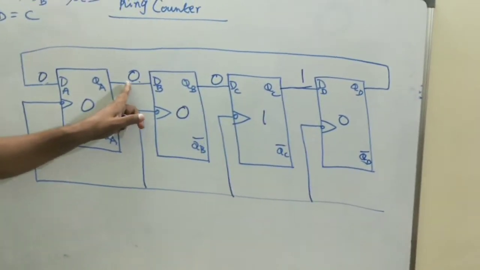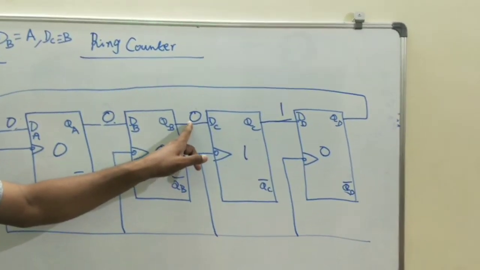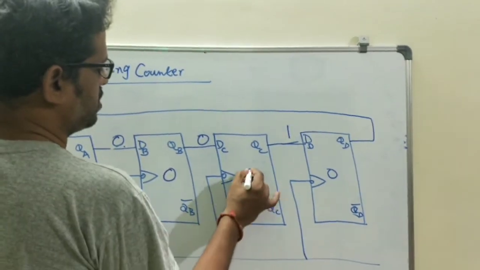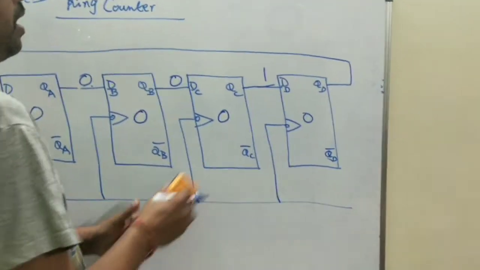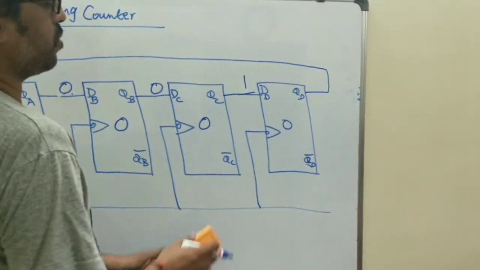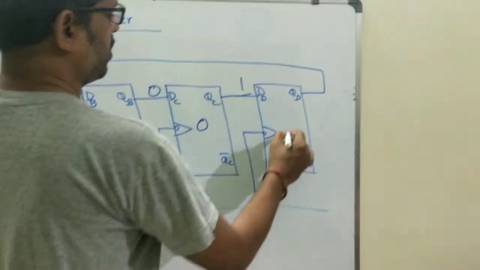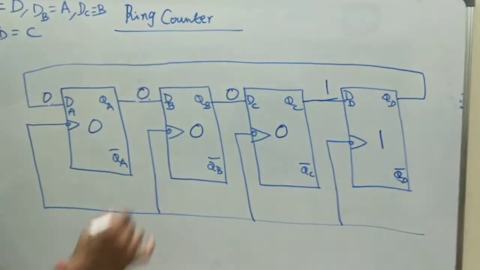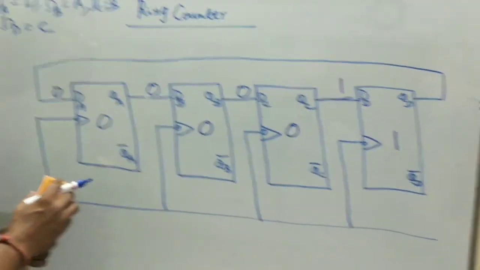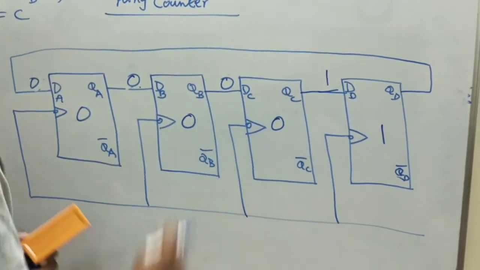DB input is 0, so 0 would be stored in the DB flip-flop. DC input is 0, so 0 would be stored in the DC flip-flop. And the input of DD is 1, so DD would be storing 1. So this is the other state, that is 0 0 0 1.